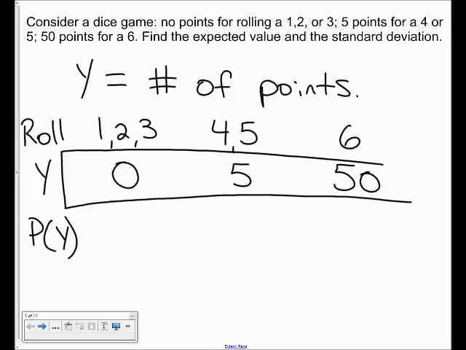So we actually have another value here that I care about, which is the probability that each of these things is going to happen. So what is the probability of rolling a 1, 2, or 3? Well, there's 6 total numbers on this die, and so 1, 2, or 3, that's going to be half, so 3 out of 6. 4 or 5 is going to be 2 out of 6, or a third of the time. And then for the number 6, that's going to be just 1 out of 6.